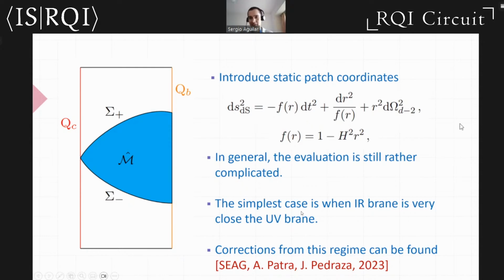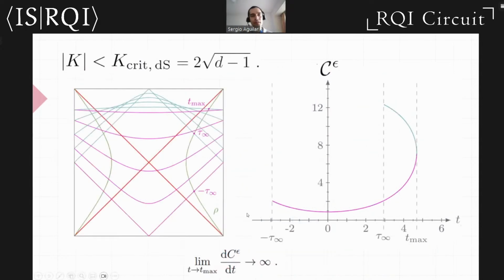So the simplest case that I'll present, but you can see more details of how this gets more involved in our publication, is when the IR and the UV branes are close to each other. Basically, that's where we are just considering complexity in the de Sitter brane, so you're not worried about corrections due to the intermediate bulk space.